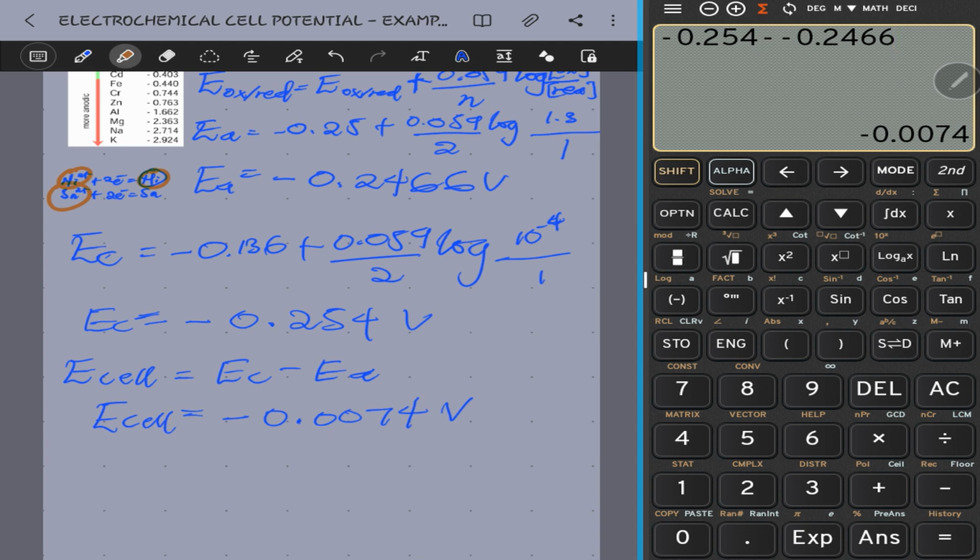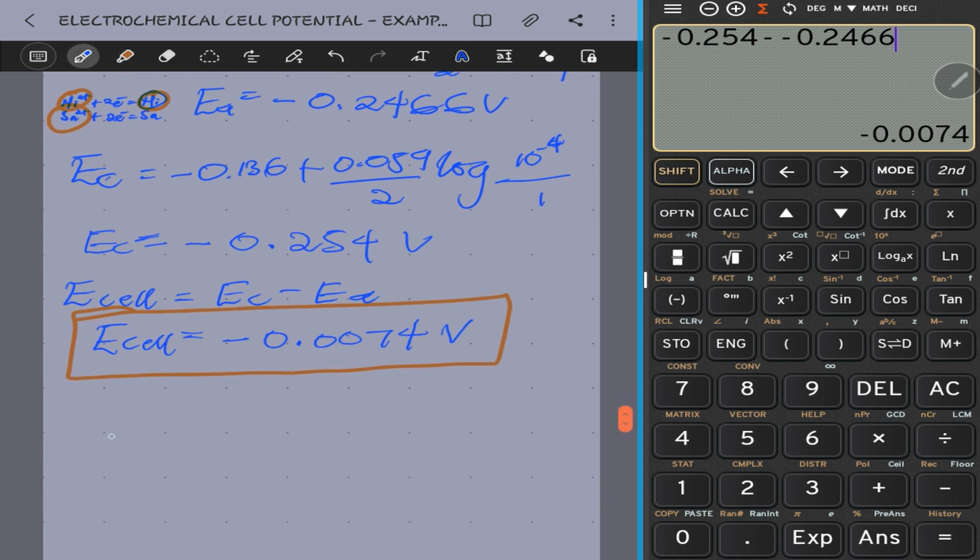The question wants us to predict whether it goes from left to right or right to left. We know that delta G non-standard is equal to minus nFE non-standard. Because E has a negative sign here, in the end delta G, which is free energy, is positive.